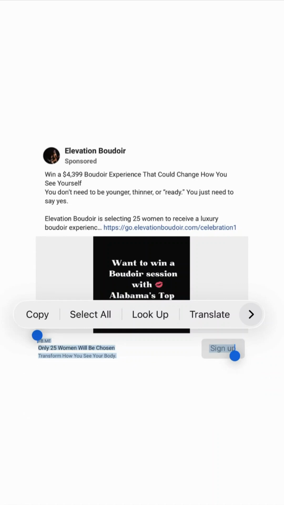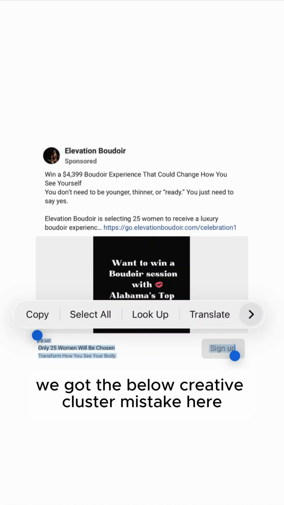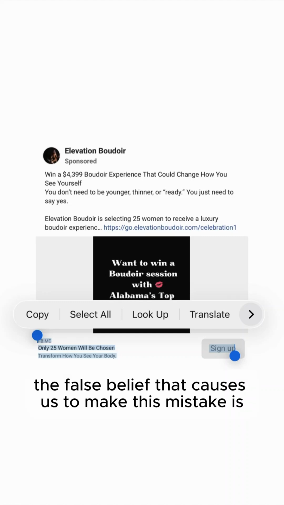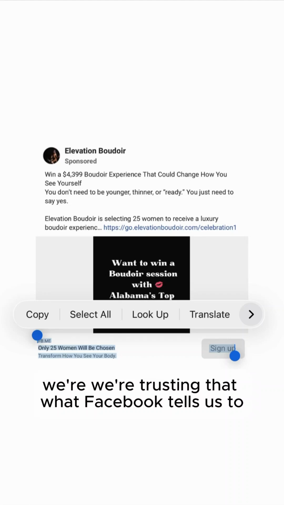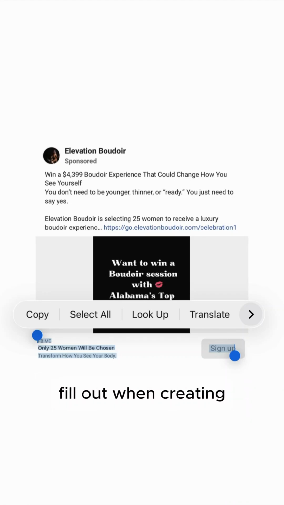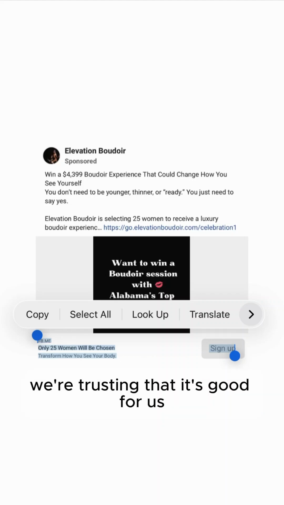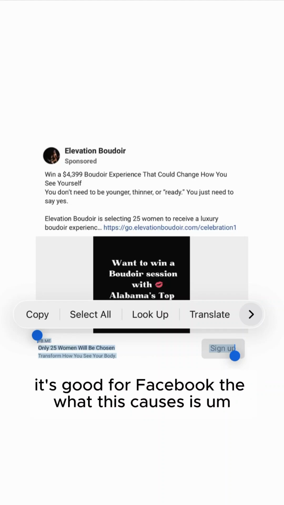We got the below creative cluster mistake here. The false belief that caused us to make this mistake is we're trusting that what Facebook tells us to fill out when creating an ad is what we should fill out. We're trusting that's good for us, but in fact it's bad for us, it's good for Facebook.